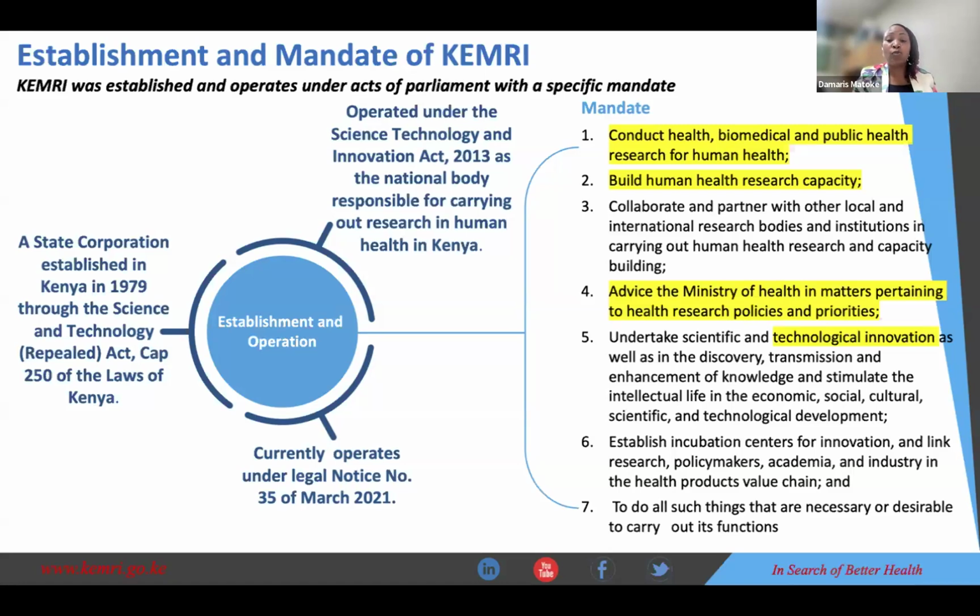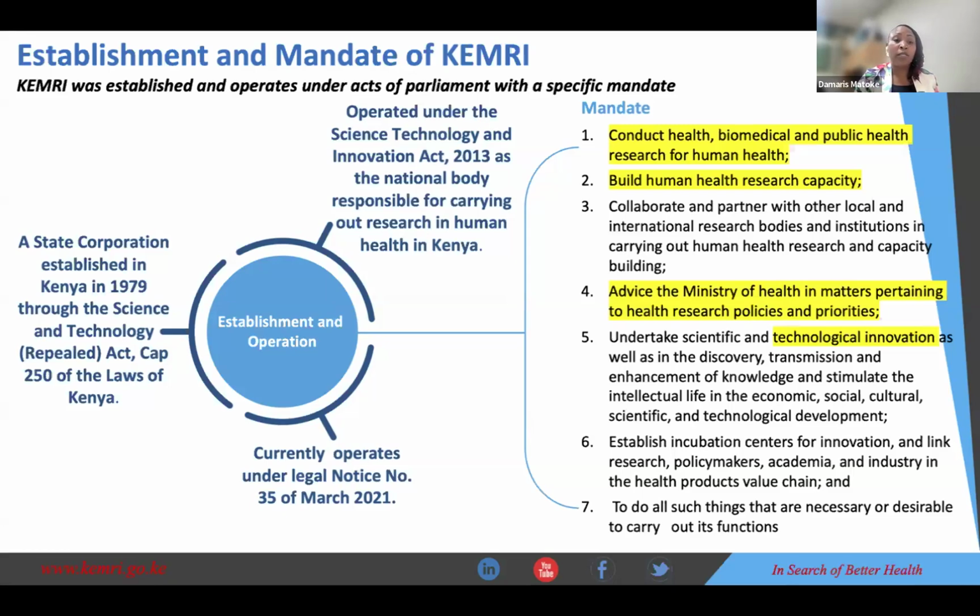The sixth is to innovate and link our research with policymakers, the academia, the industry, and also the health products value chain. And finally, to do things that are necessary and desirable in carrying out the various mandates that we have. We've been in existence for the last 40 plus years.